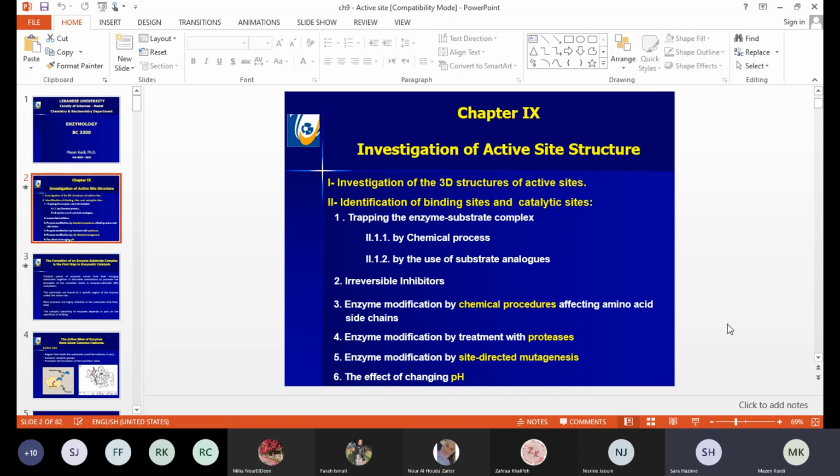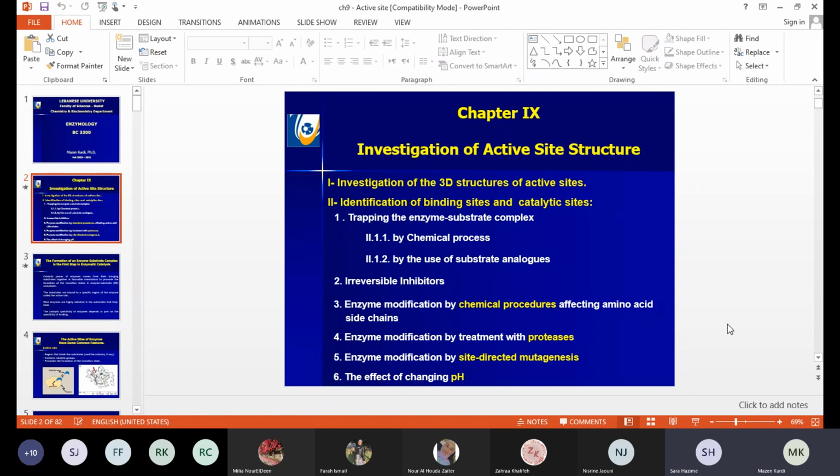We have site-directed mutagenesis, where you do a mutation of a specific amino acid and you see the effect of replacing a specific amino acid by another. What will this affect in the enzyme kinetic parameters, Km and K catalytic? And we will see how we can evaluate the binding site by variation of the pH.